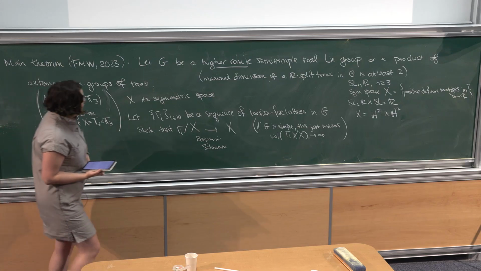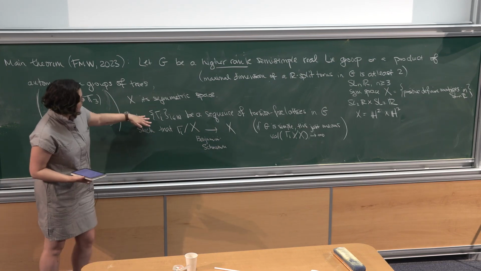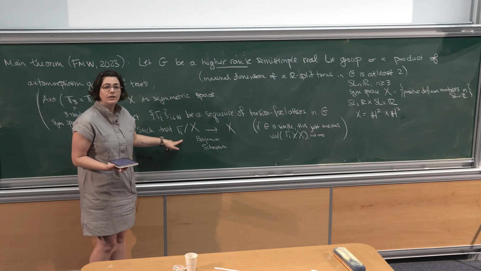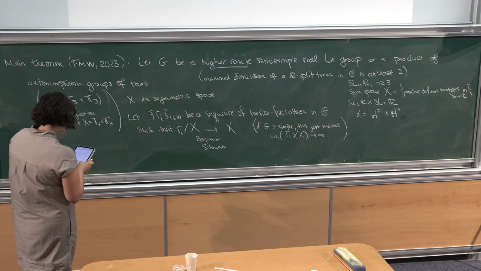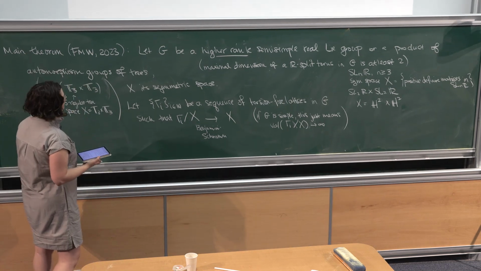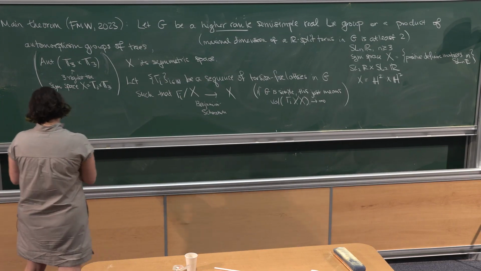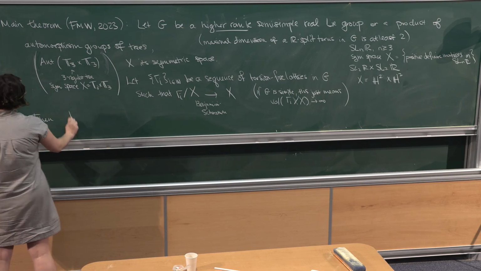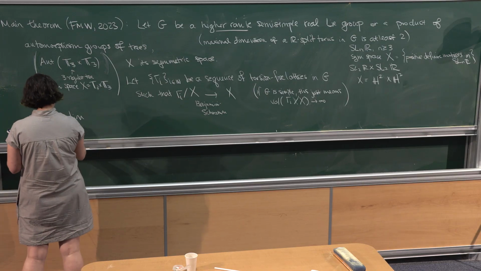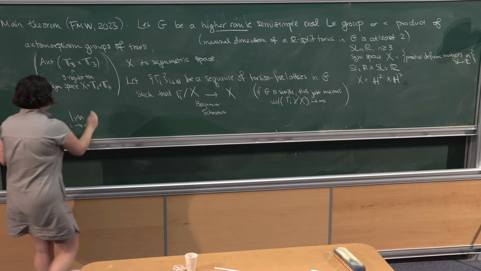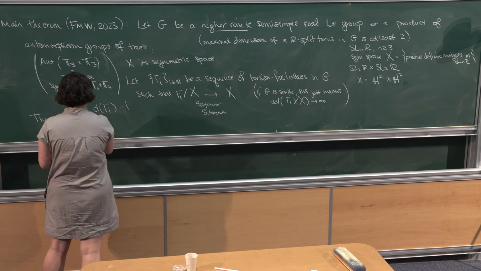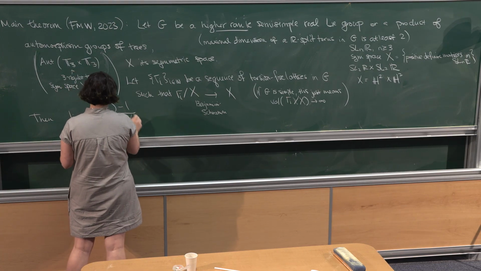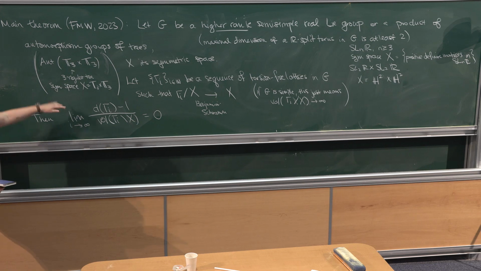In this setup, we can think of gamma_i as the fundamental group of the manifold X mod gamma_i. So the result is that we consider the limit of this fraction.